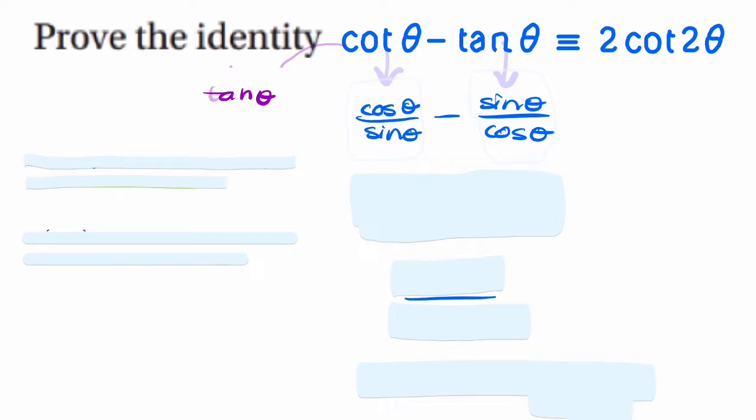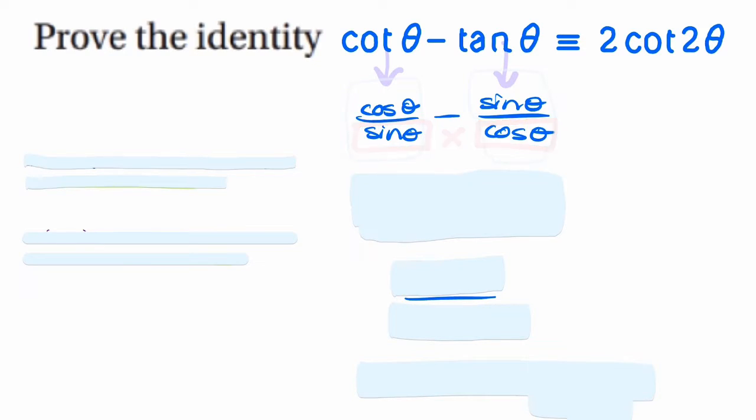Now you have a problem of combining these together, because here we don't have any addition or subtraction. So how do you subtract or add fractions? You need a common denominator. So the common denominator will have the lowest common multiple of these two.